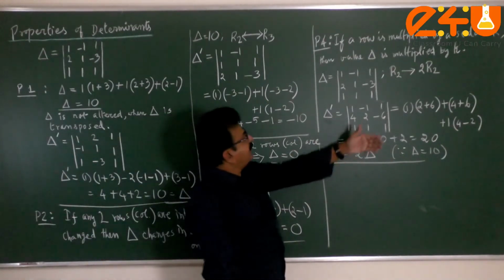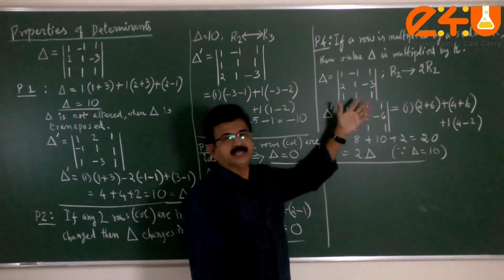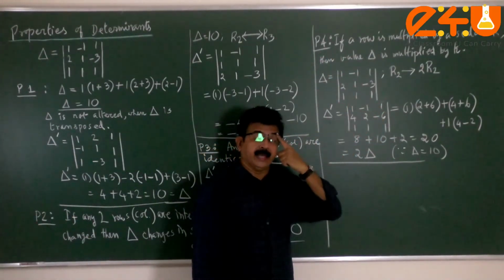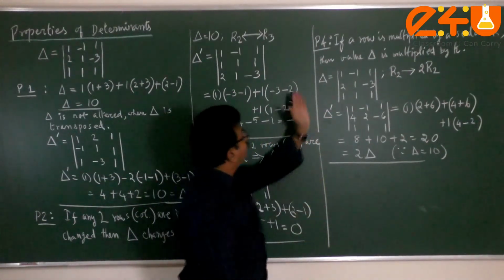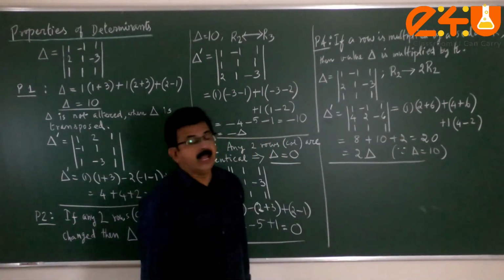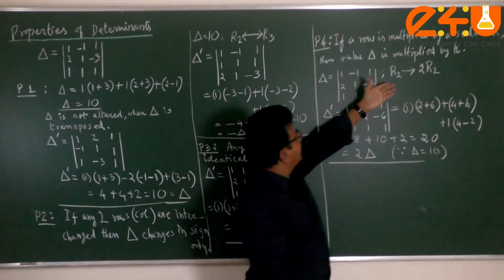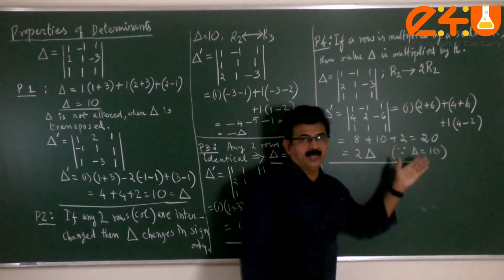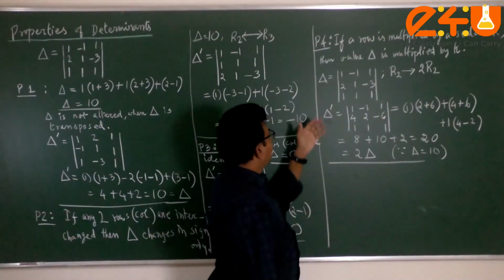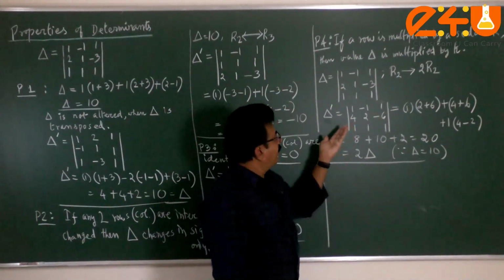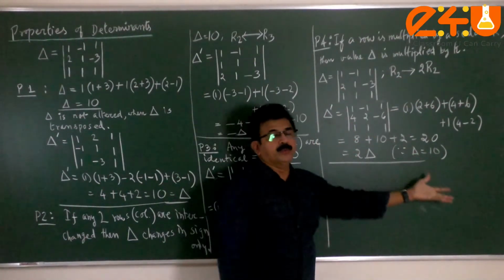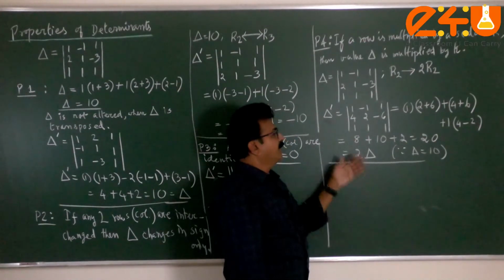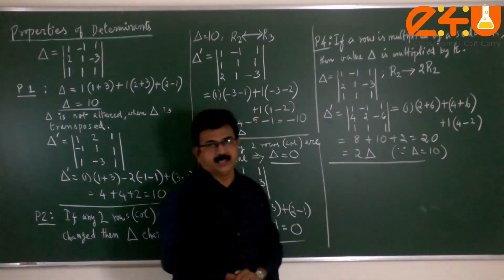So we can see we didn't care to multiply all the 9 elements of the determinant, but we have multiplied only one of the rows. We selected row 2, all elements were multiplied, and we find a different delta appearing, and the value is twice the value of the delta earlier.